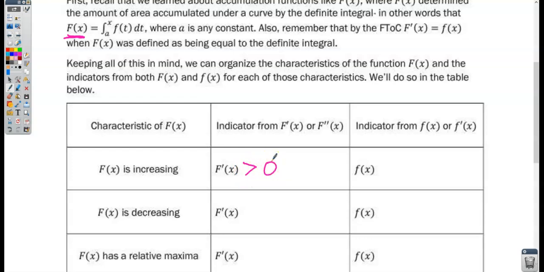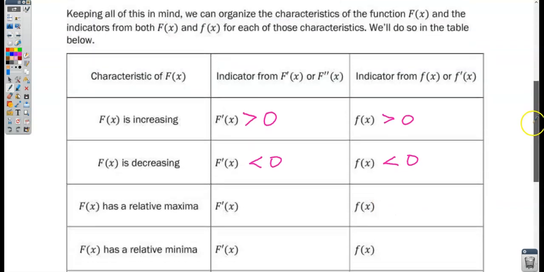I meant to say positive. So when capital F of x is increasing, capital F prime of x is greater than 0. Since capital F prime and lowercase f are equal to one another, that means that when capital F of x is increasing, lowercase f is positive. When capital F of x is decreasing, capital F prime of x is negative, which means that lowercase f of x is negative.